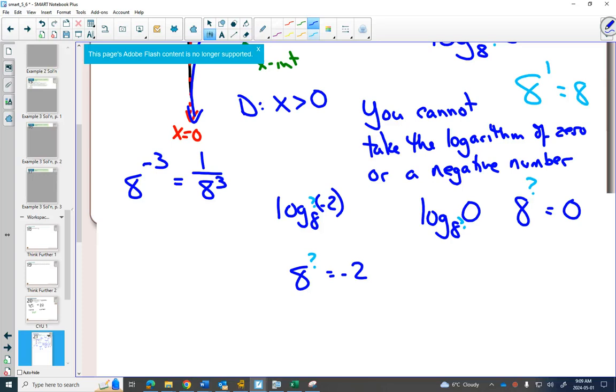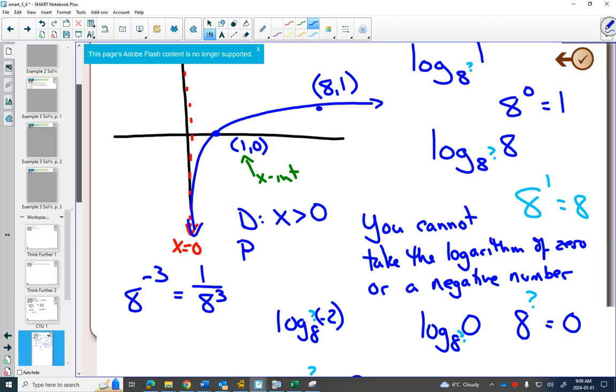Well, positive exponents just make it bigger. Negative exponents never make it negative, right? A negative exponent just changes it to the bottom of your fraction, and you still have positive numbers. Exponential functions are always positive. And because of that, you can never take the log of a negative number.